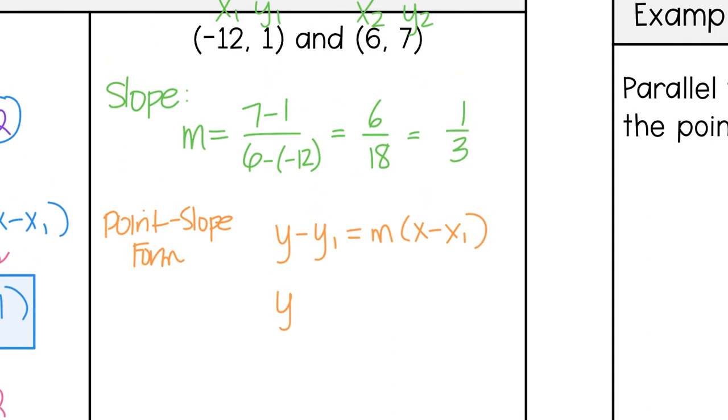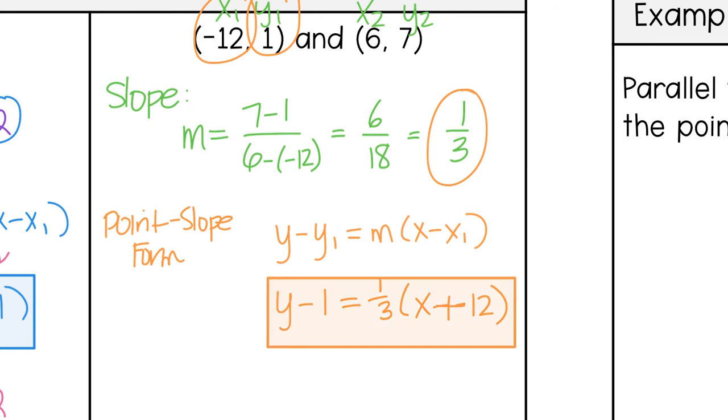So y1, we have it labeled up here, is 1, so minus 1, equals m, which we said was 1/3, x minus x1, so minus negative 12. But we already know that when we have minus negative, that turns to a plus sign, so I'm going to change it to a plus. And that right there is point slope form of this line.